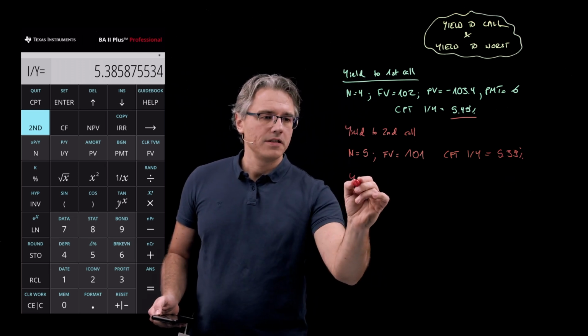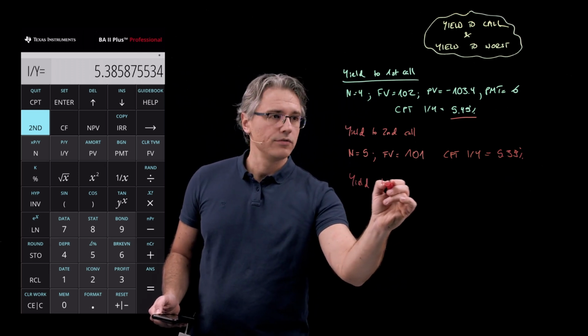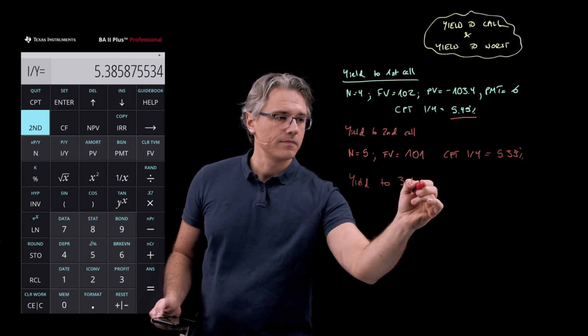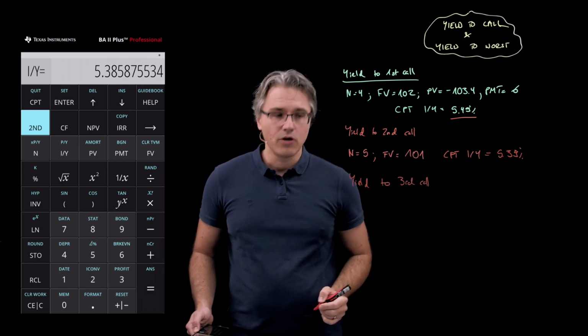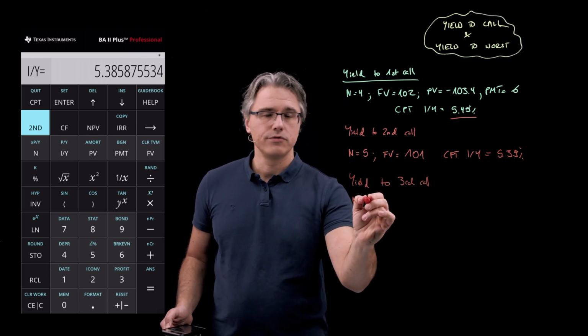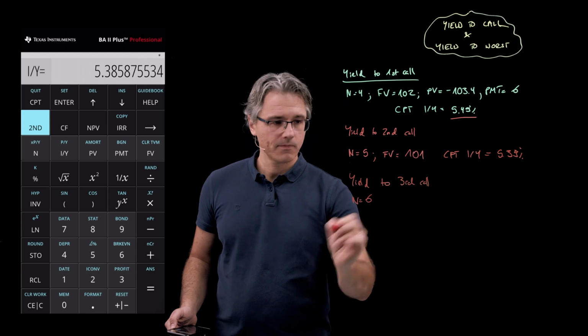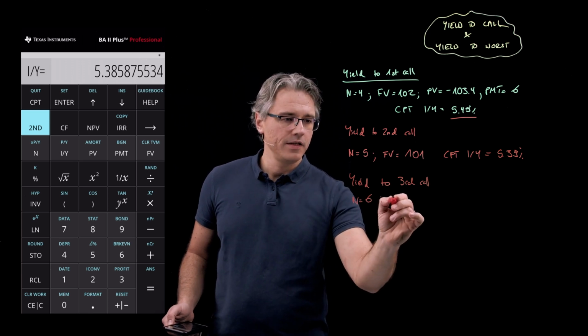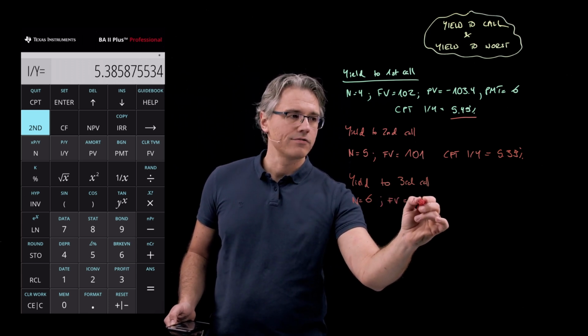Now, what about the yield to third call? Because there's also that option. This time we're going to have N equal to 6, and an FV which is equal to 100, isn't it?